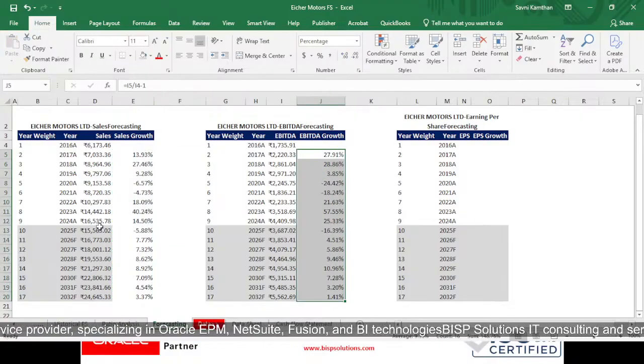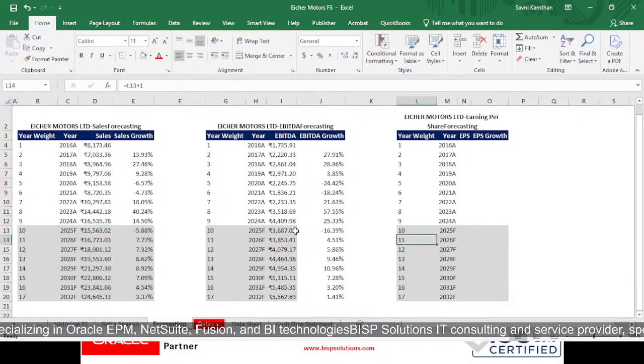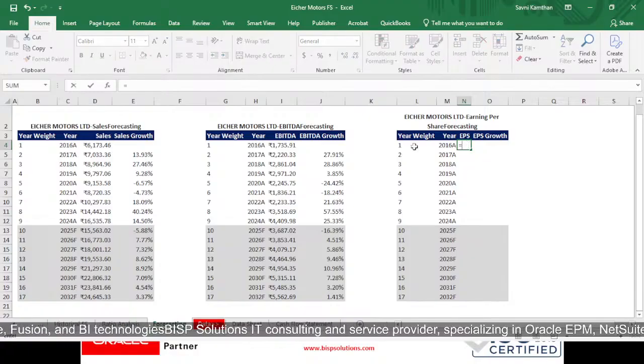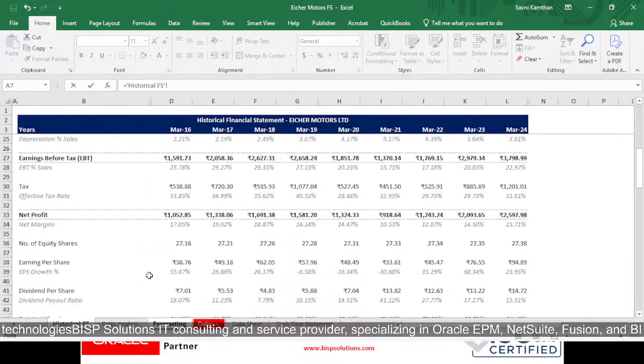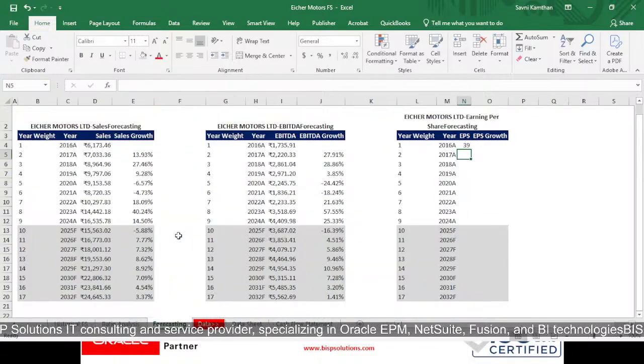Just do one calculation or one part of calculation and it will be resulting in other heads also, we can calculate it. Now EPS is earning per share, so we can take it from our historical financial statement where we have calculated our earning per share is this.